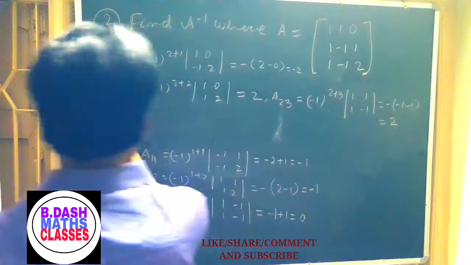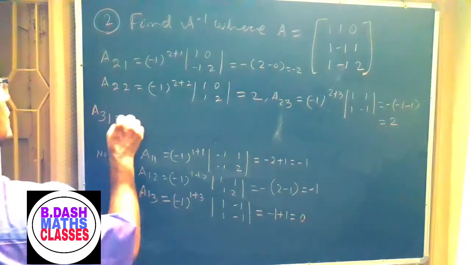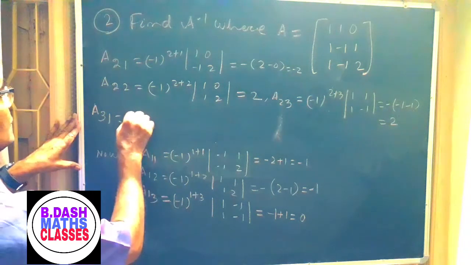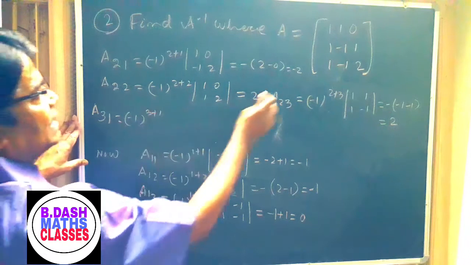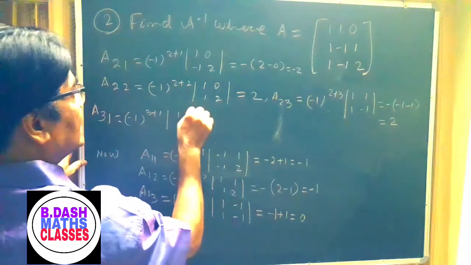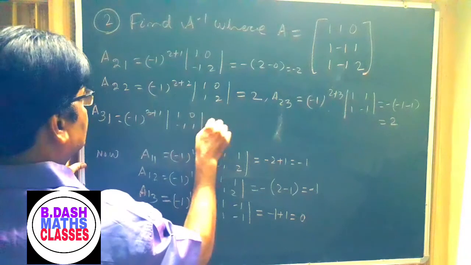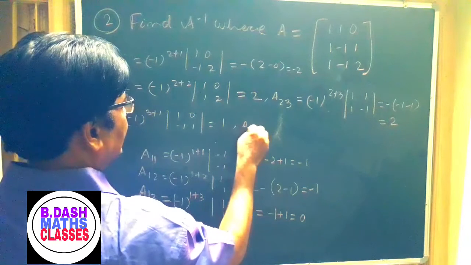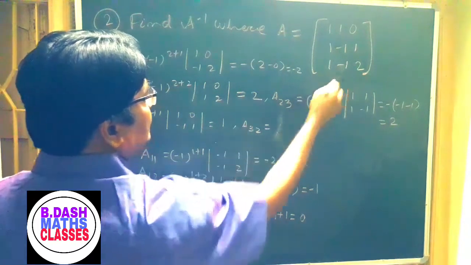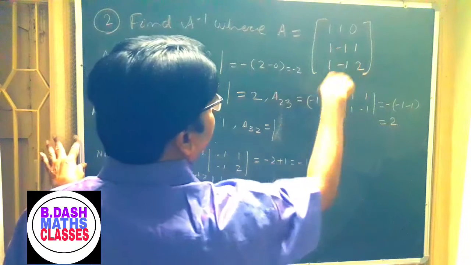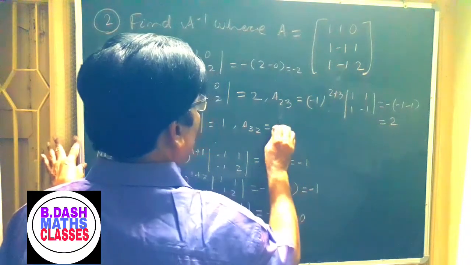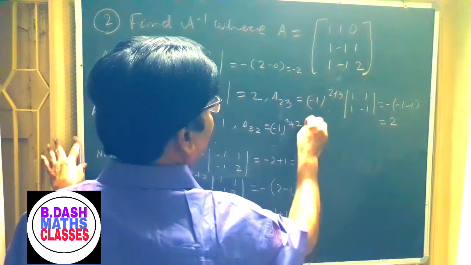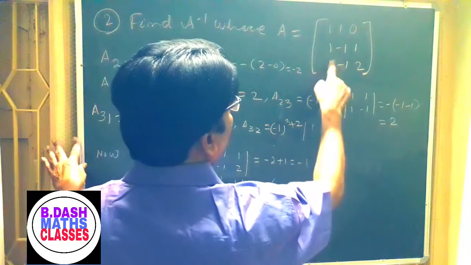Then A31. We have to find the cofactor of the third row now. So minus 1 to the power 3 plus 1. This is 1 0, minus 1 1. So this will be plus 1. Then A32, the cofactor of this element, will be minus 1 to the power 3 plus 2. 1 0, 1 1.